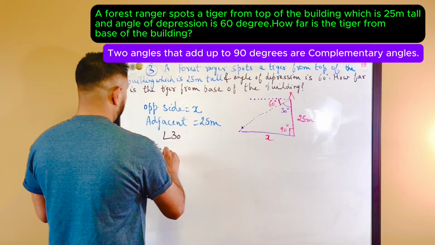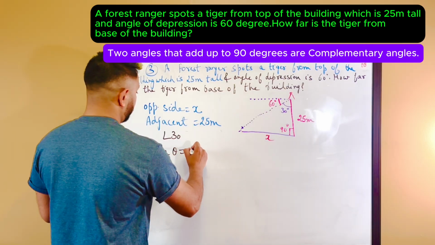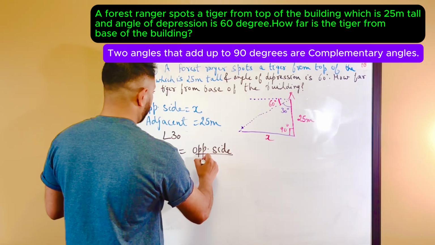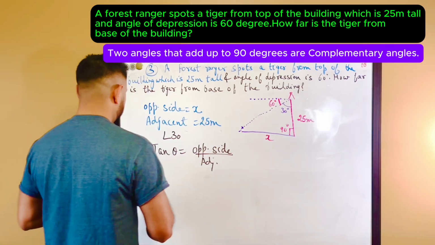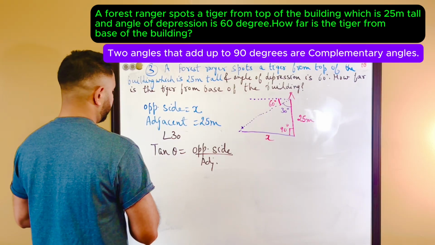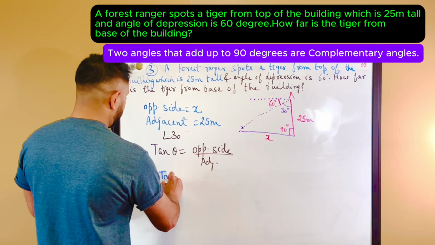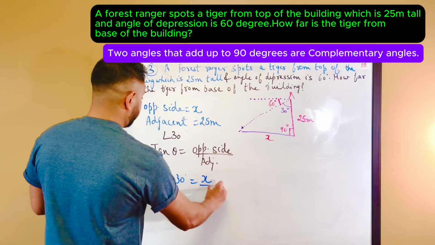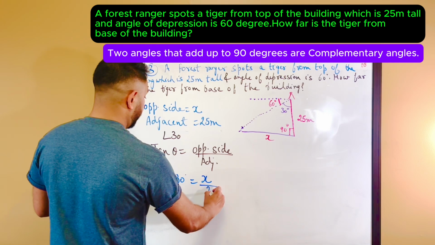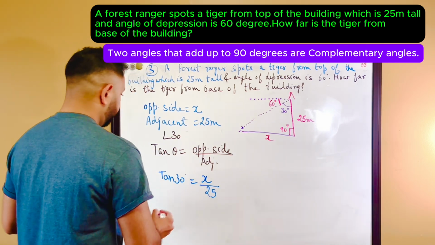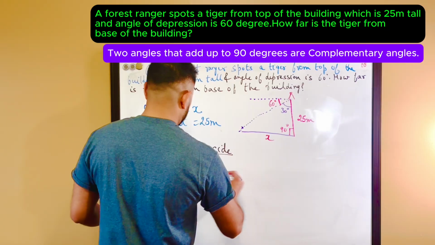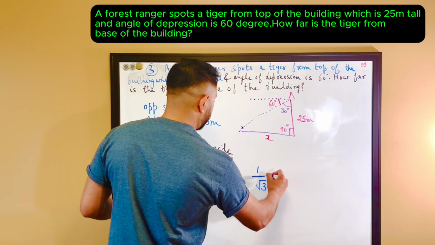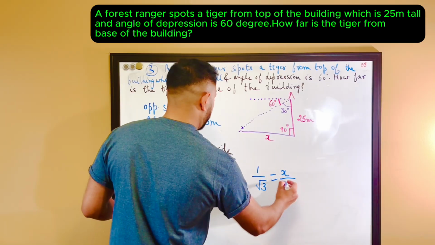So we're gonna use the formula tan theta is equal to opposite side divided by adjacent side. So that means tan 30 is, opposite side is x and the adjacent side is 25. So tan 30 is 1 by under root 3, equal to x over 25.